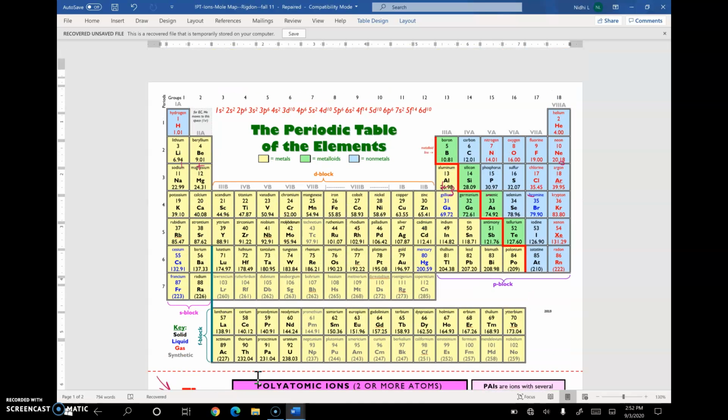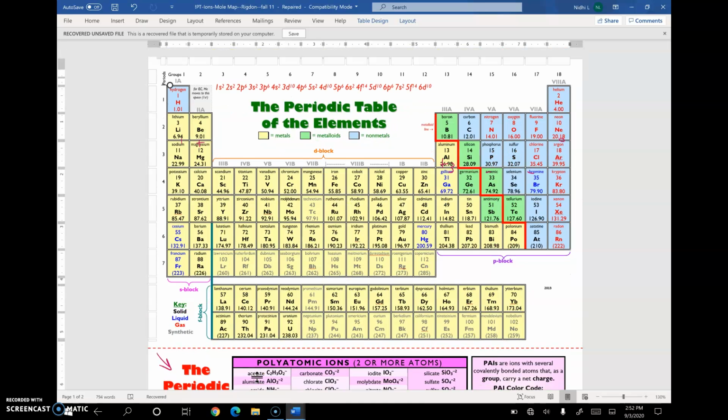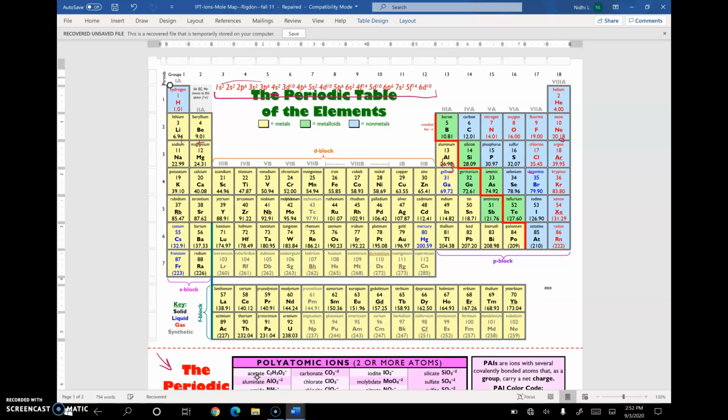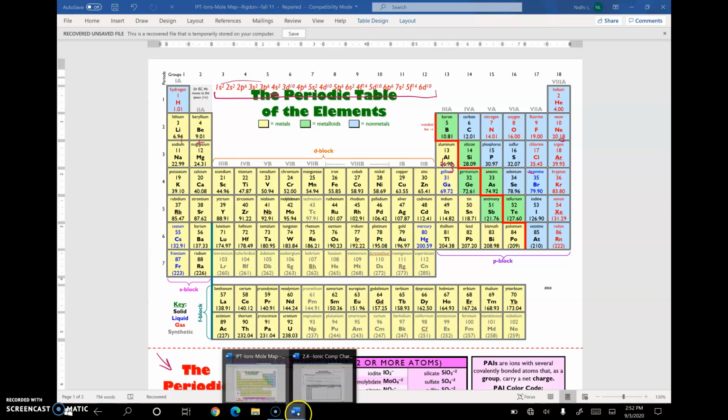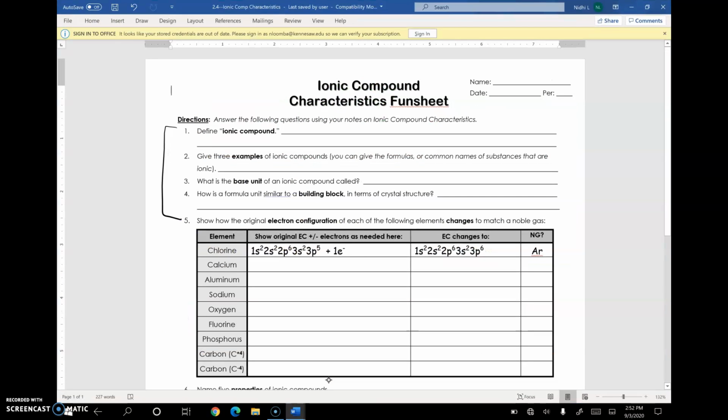Now on the top of this periodic table you have your general configuration order right here. So you know calcium is 4s2. Write down 4s2 and then copy everything else you see here, which is 3p6, 3s2, 2p6, 2s2, and 1s2. So let's go back to this.